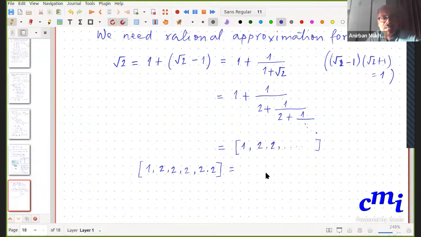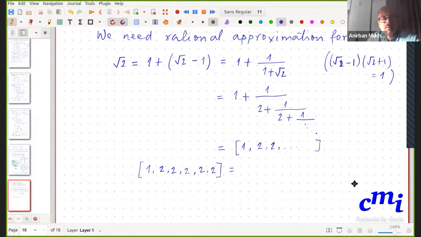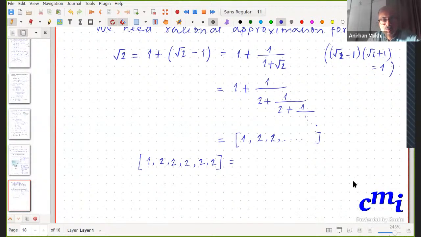If you just truncate it at that point, starting with 1 and then considering just these five 2s, this is a convergent. Whenever you cut a continued fraction, what you get is a convergent. This is what we have been writing as Pn by Qn. So if you calculate, this turns out to be, one second.